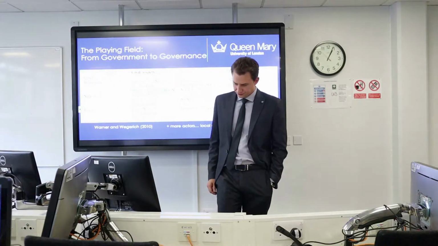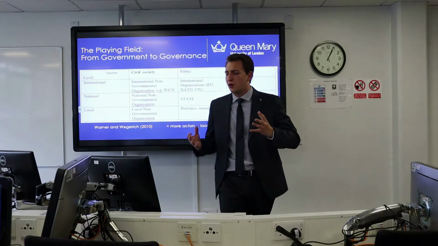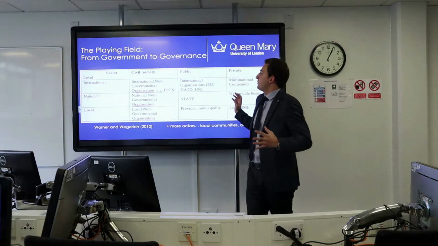So the third and final section of the talk has to do with 5 practical considerations that various actors have to work within when they are dealing with different forms of water conflict. So first of all, when you think about the playing field, when you're trying to solve some sort of a water conflict, you have to think of a multiplicity of actors.